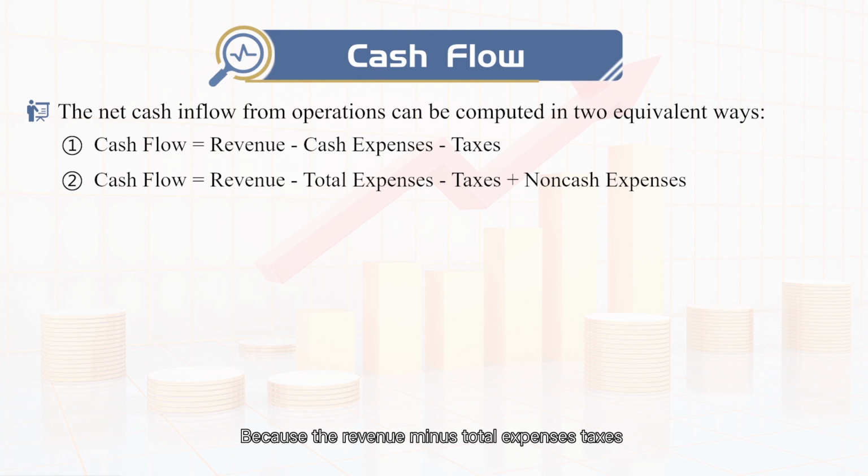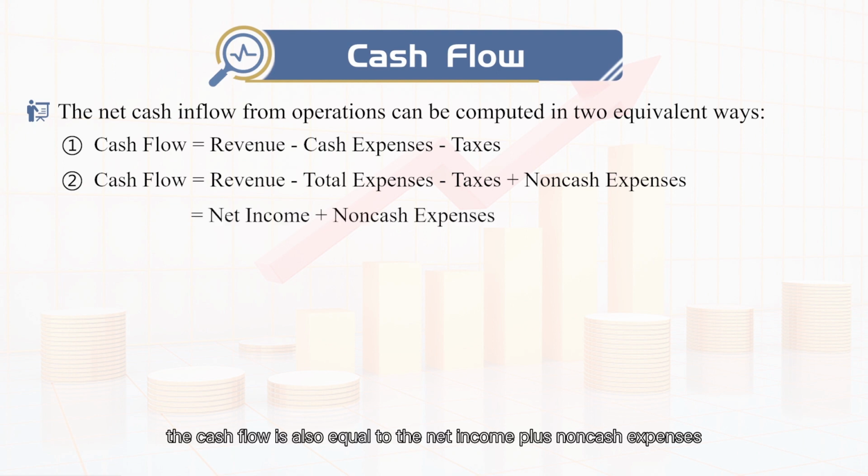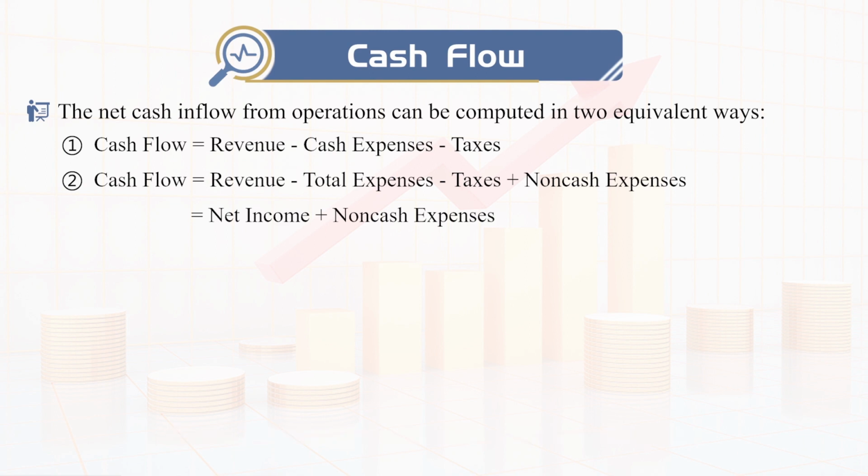Because revenue minus total expenses and taxes leads to the net income, the cash flow is also equal to the net income plus non-cash expenses. For the PC1000 project, there is only one non-cash expense, the depreciation, $0.4 million.